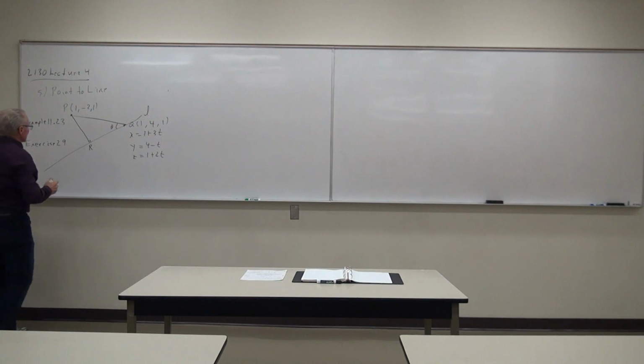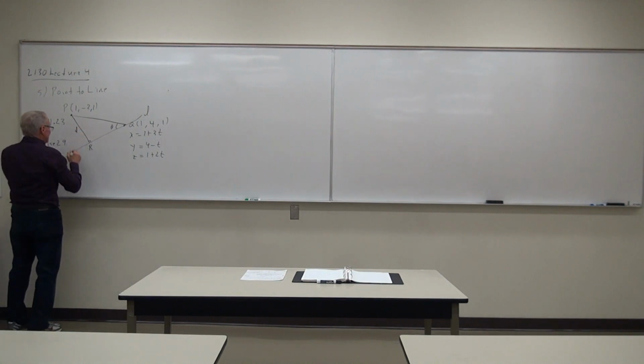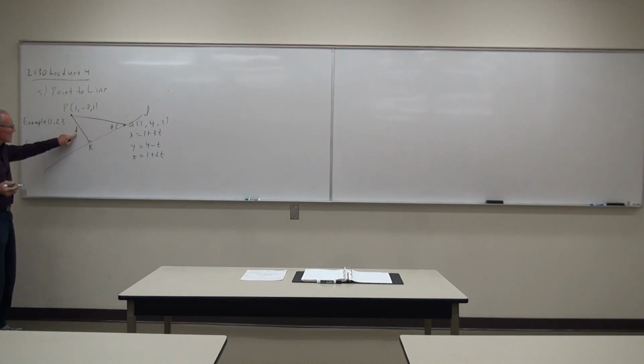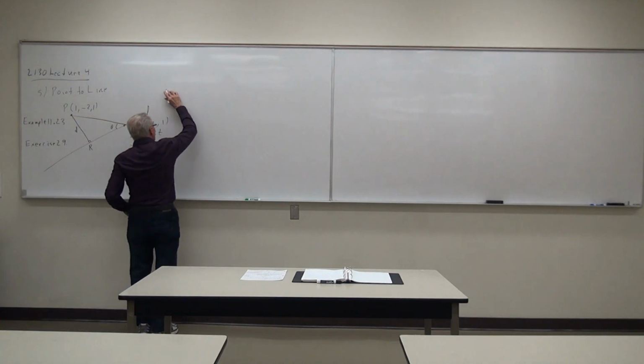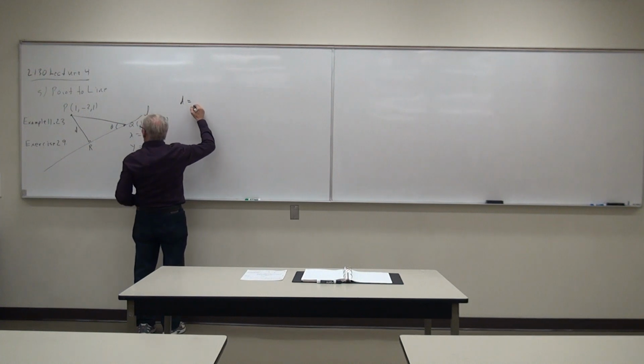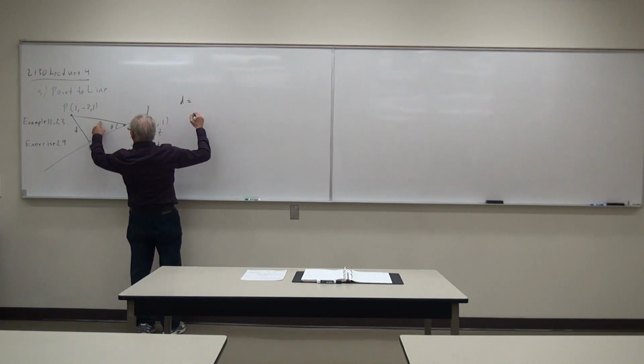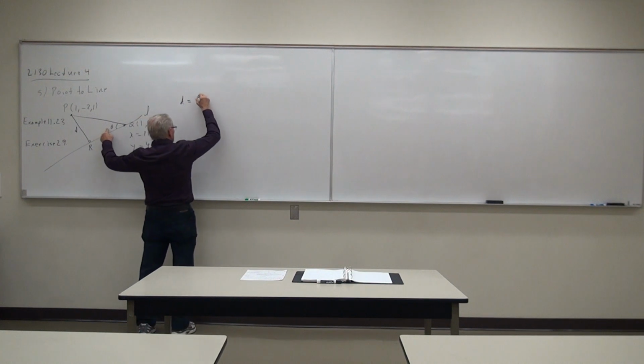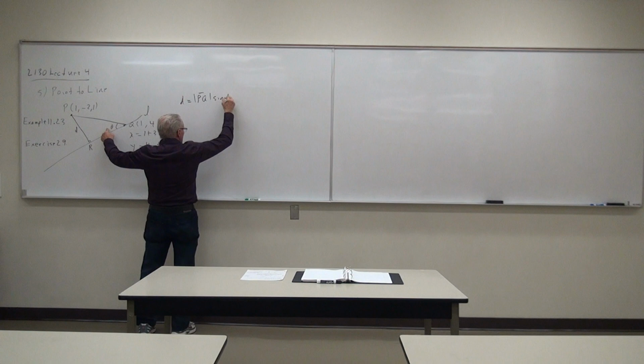If I look at this diagram, that D is the D that I want. Would you agree by looking at that triangle that D is equal to the length of PQ multiplied by the sine of theta?